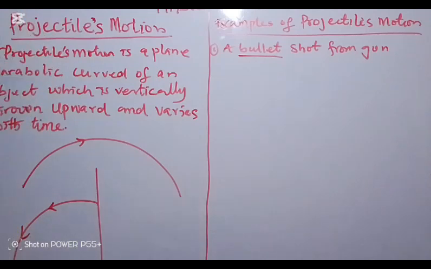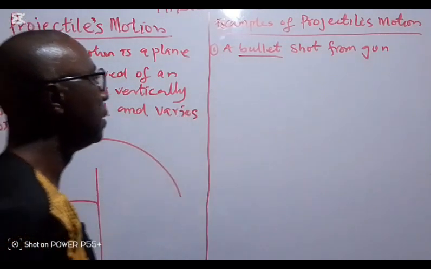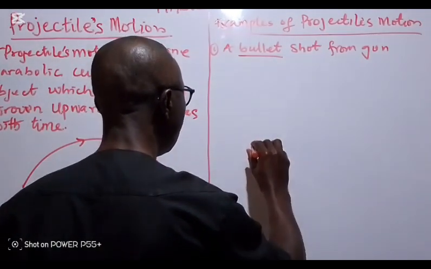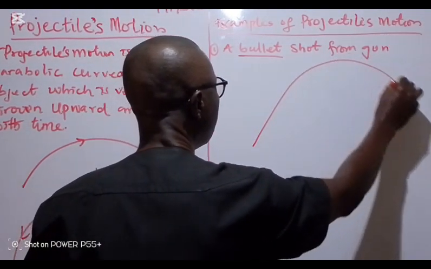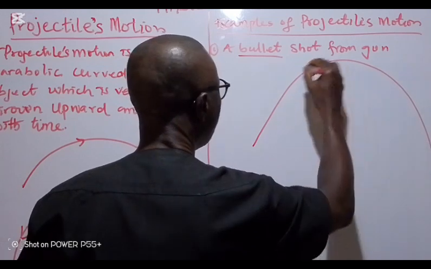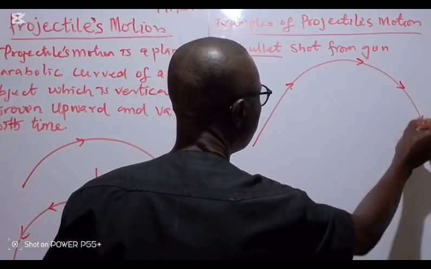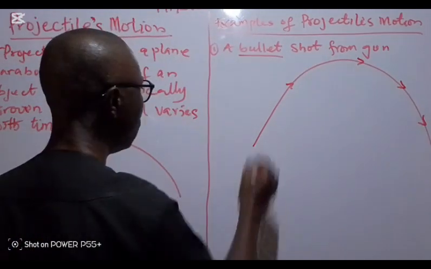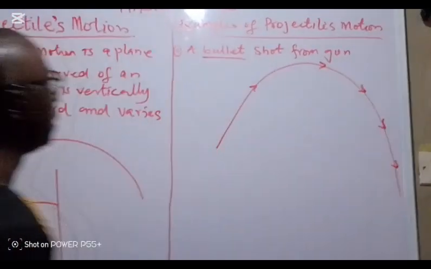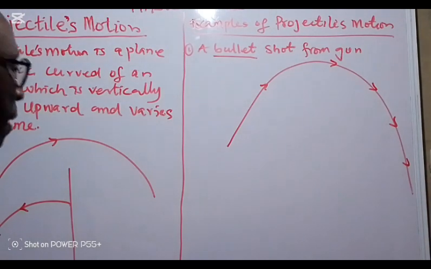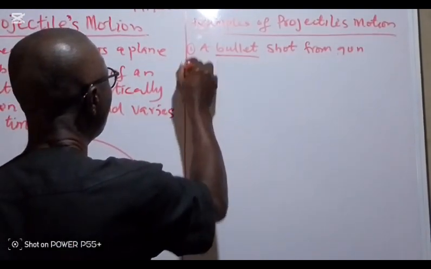As I explained the other time, when a bullet is shot from a gun, the motion of the bullet will look like this until it comes back to the ground. Something like this. So the bullet will move like this. That's a typical example of projectile motion.